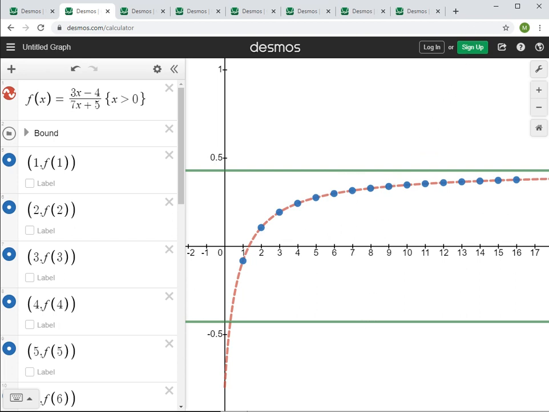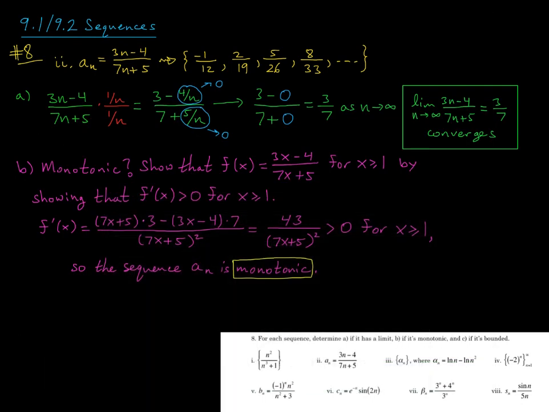This finite band. And so from our definition of what it means to be bounded, this thing is bounded, right? The absolute value of all of our terms are less than or equal to 3/7 for all n greater than or equal to 1. All right, so we got a bounded monotonic convergent sequence.